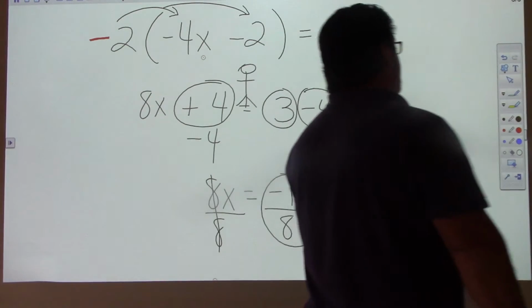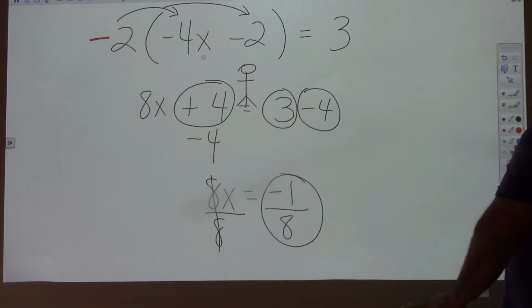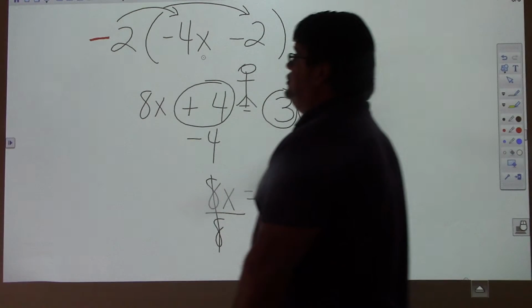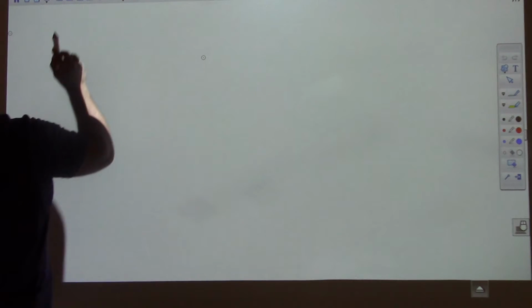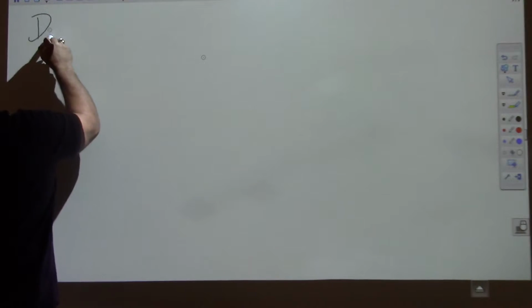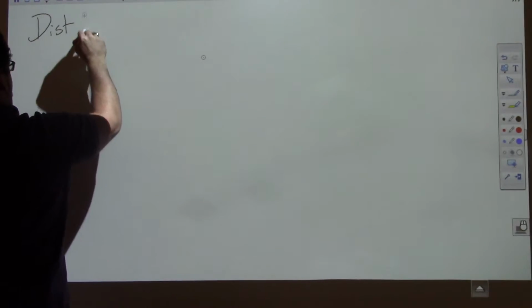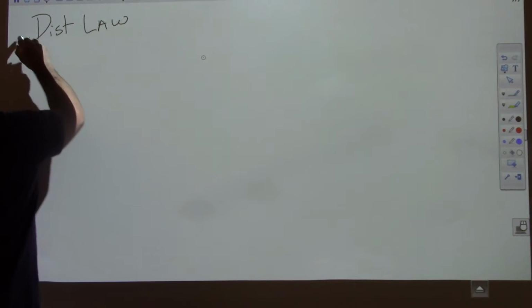Now, after the distributive law, usually when you use the distributive law, the next thing that you do is combine like terms. Now, they usually follow each other in steps.